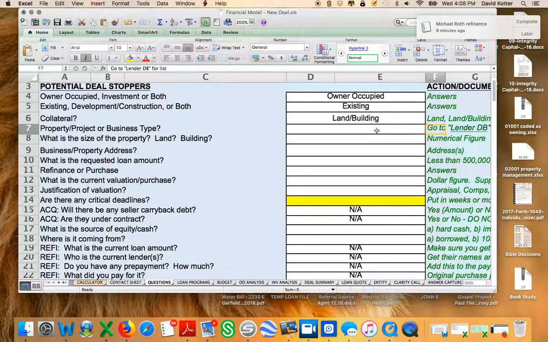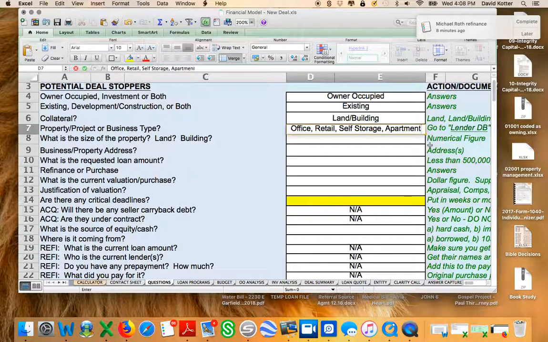But, you know, it could be office, or it could be retail, or it could be self-storage, could be apartment. So whatever it is, we want to identify the type of building it's going to be. It could be a car wash. Could be a bowling alley. We don't know. But you just want to put the property type and the business type in there as well.